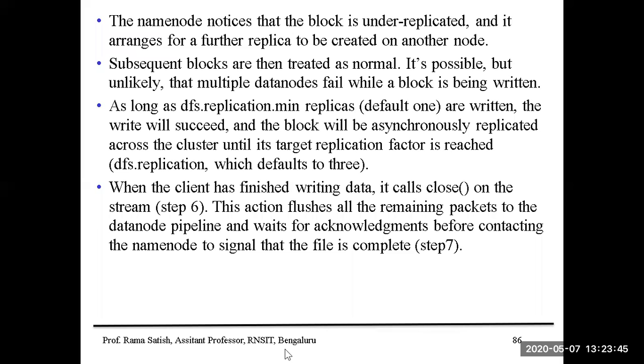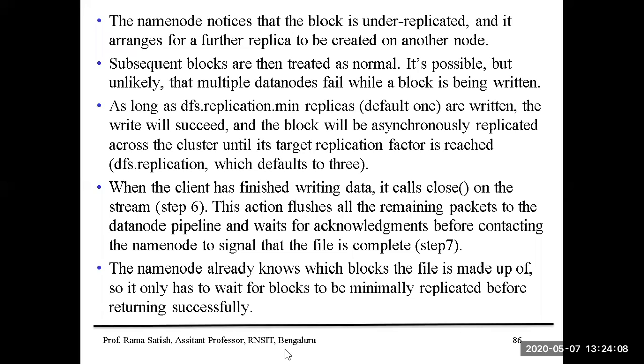Once it gets the acknowledgement, the name node will send a signal, step number 7, signal complete. With that, you will get the information that the entire file and the blocks in the file are written correctly.